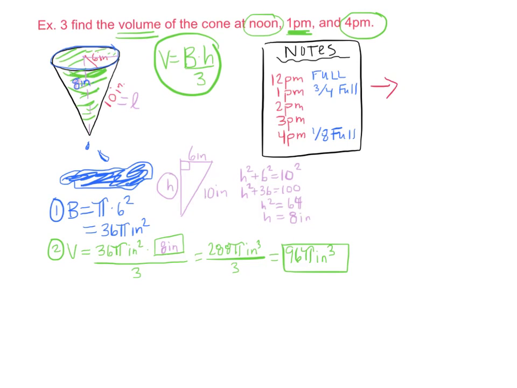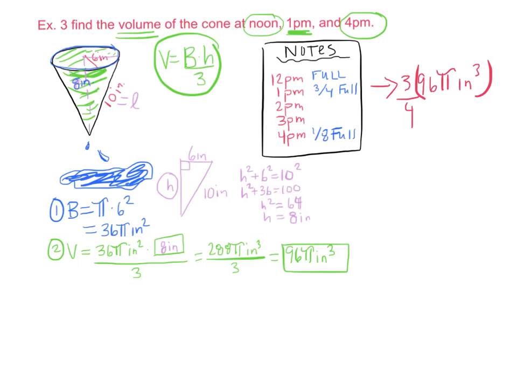When it was full, it was 96 pi inches cubed. But I need 3/4 of this amount. So how do I find 3/4 of 96 pi inches cubed? All I need to do is multiply. Now, I have 3 times 96.